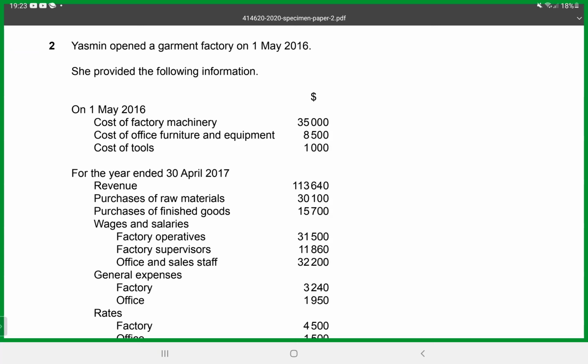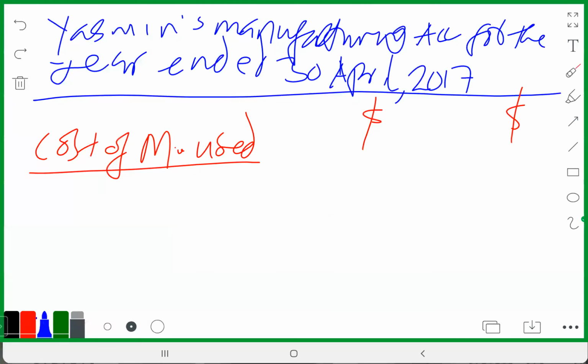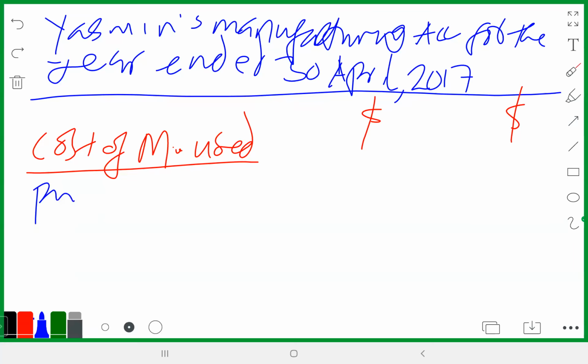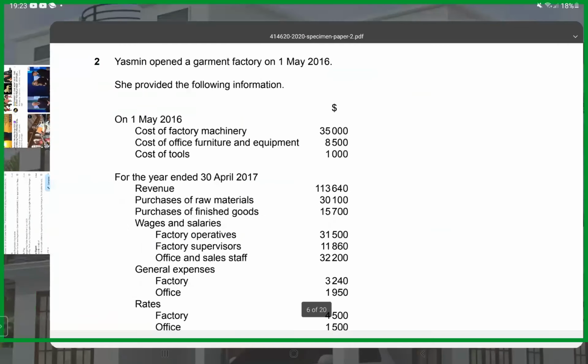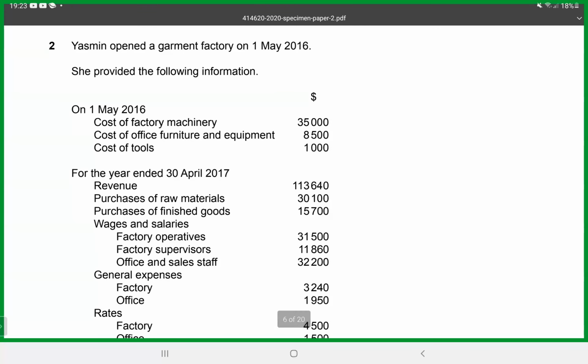Yes, sir. You have to add what? The purchases of raw materials. So since we have the purchases, we can write the purchases of raw materials. And what's the value of the purchases of raw materials?